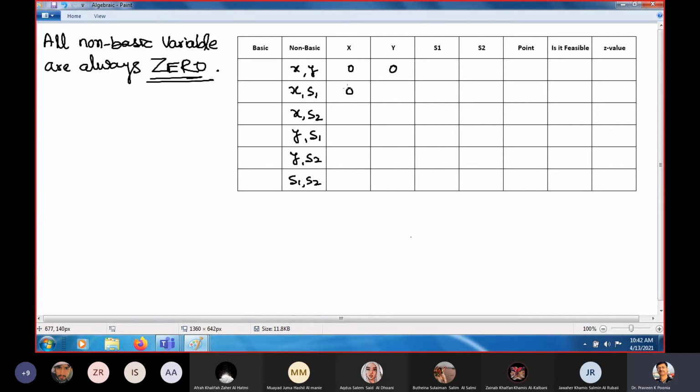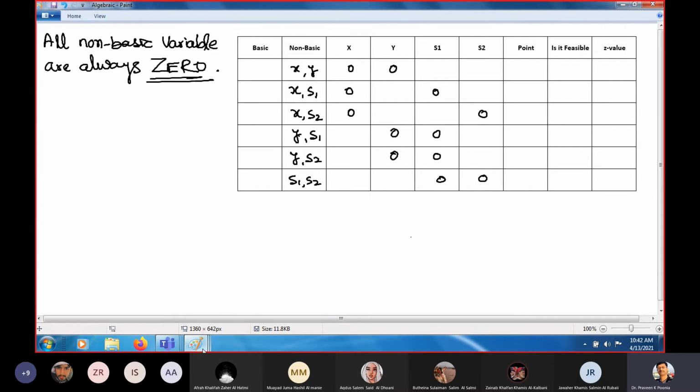Here X is 0, S1 is 0. X is 0, S2 is 0. Y is 0, S1 is 0. Y is 0, S2 is 0. S1 and S2 are 0. So this is the first thing about this question.